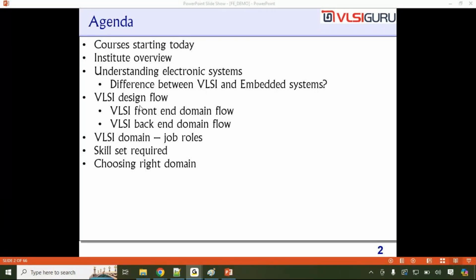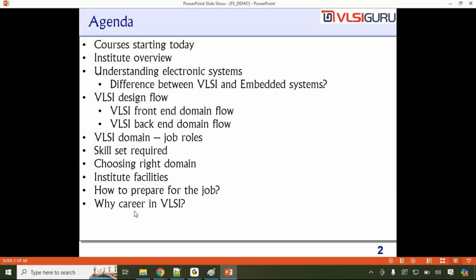Then we'll talk about the VLSI design flow. What is the front-end domain? What is the back-end domain? And then we'll talk about the VLSI domain, different job roles, and what is the skill set required. Then we'll talk about how to choose the right domain. Then institute facilities, and we'll discuss how to prepare for the job.